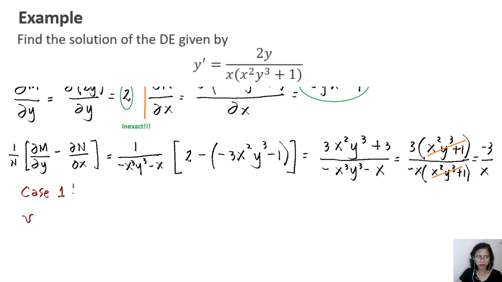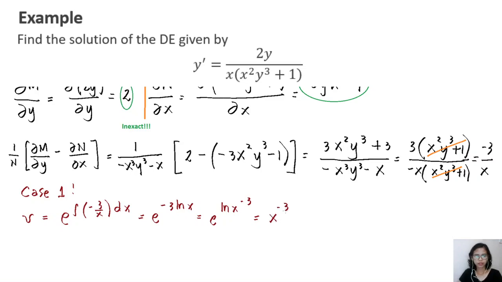Our integrating factor v will be equal to e raised to the integral of negative 3 over x dx. And that would be equal to e raised to, what is the integral of negative 3 over x? That is negative 3 ln x. Applying laws of natural logarithm, this will become e raised to ln x to the negative 3.